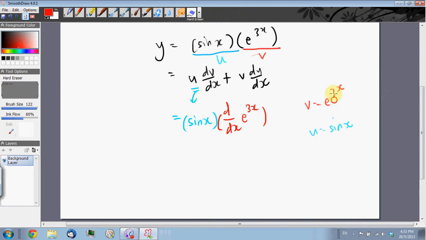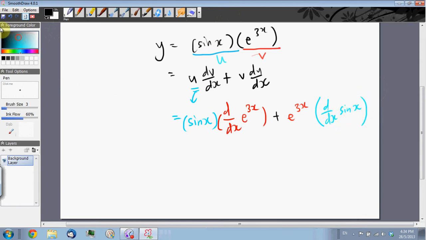Then you add v, which is e to the power of 3x, multiplied by du/dx, which is d/dx of sine x.